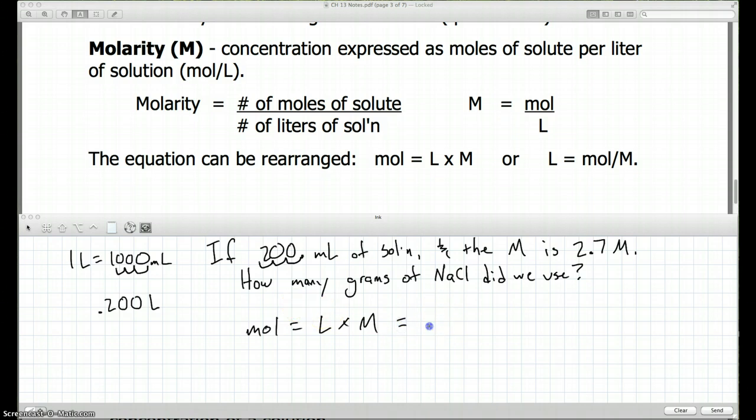Now I can plug that in here. 0.200 liters times the molarity, which was given to me in the question. I didn't have to do any extra work for that one. Do that math, and I get, I should really have my calculator closer, 0.200 times 2.7 equals 0.54.